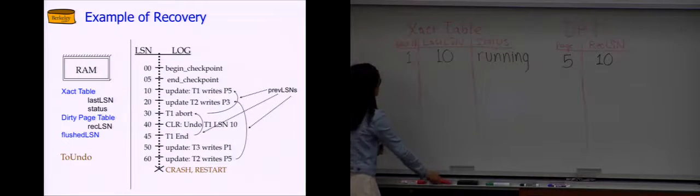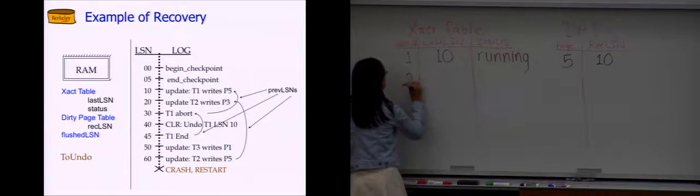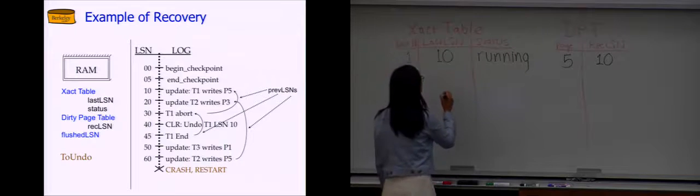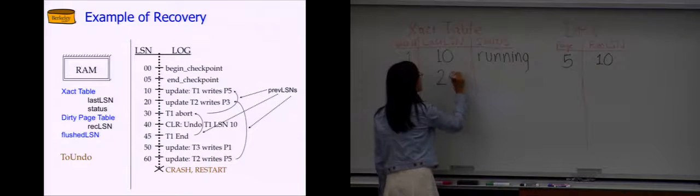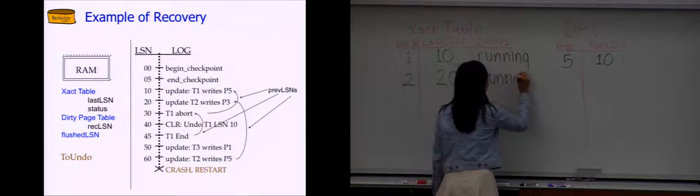All right, update. T2 writes page 3. What goes in the transaction table? Transaction 2. What's its last LSN? 20. And its status? Running. You can write R, Karina, if you don't want to. You're very neat, which is good.